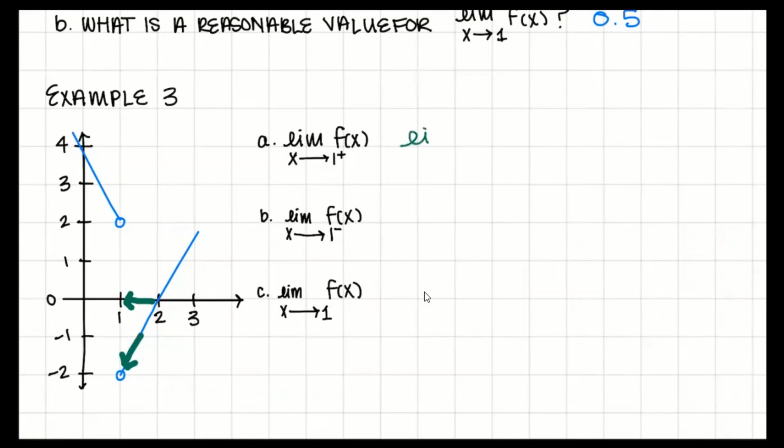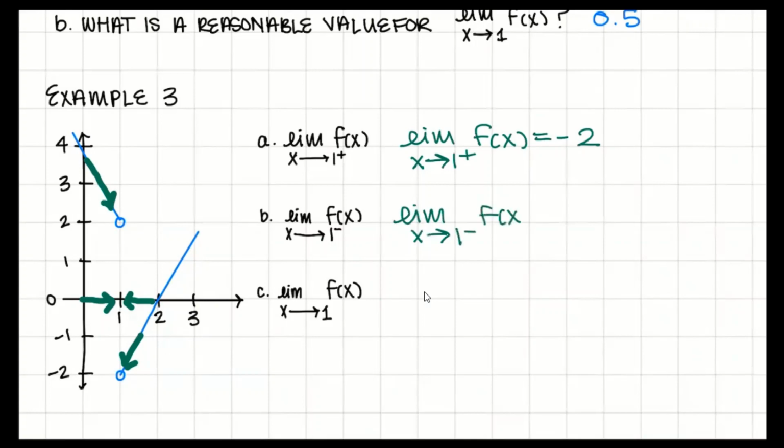So the limit as x approaches 1 from the right of f of x equals -2. And we can do the exact same thing, and we're asking you to do the exact same thing, but this time from the left. So from the left, as we approach 1, we're going from 0. Well, our function is decreasing, and it decreases towards 2. So we can say that the limit as x approaches 1 from the left of f of x is equal to +2.